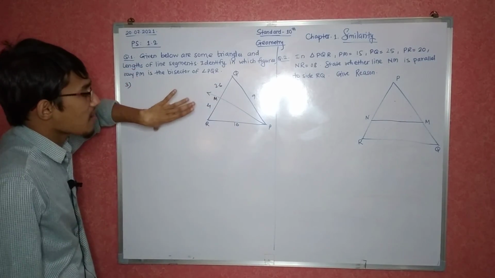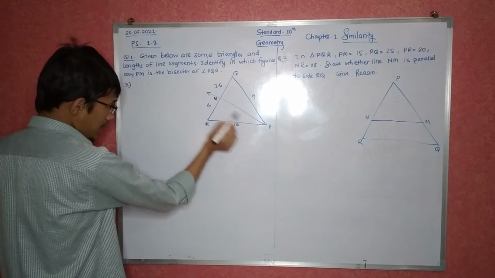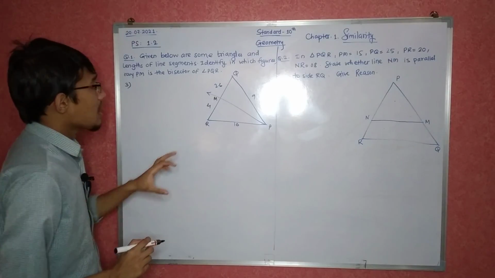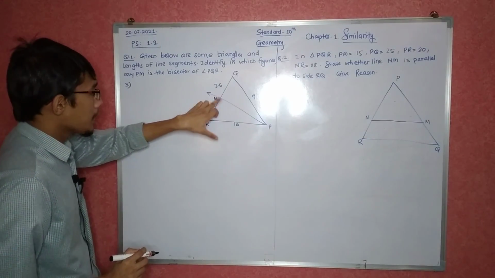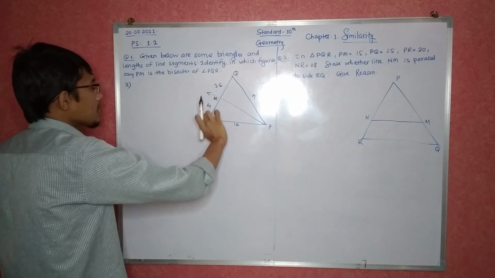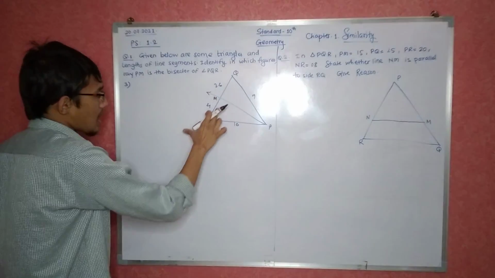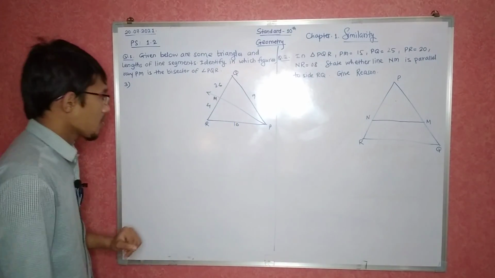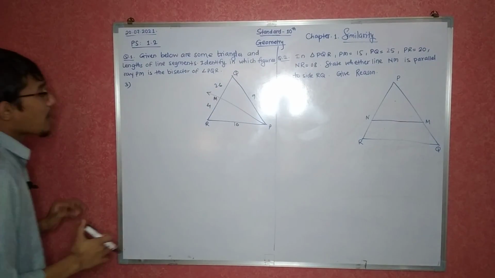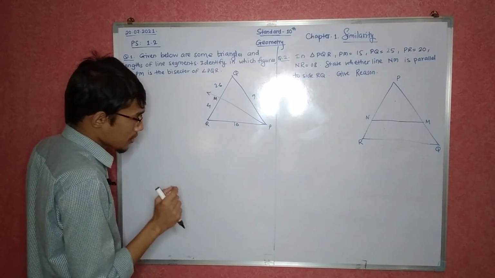In this triangle the ray PM is dividing the opposite side of this angle, that is RQ, in two parts, that is RM and MQ. What we have to find? We have to find whether this ray is an angle bisector of this triangle or not.